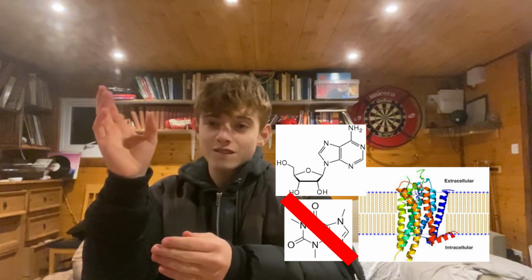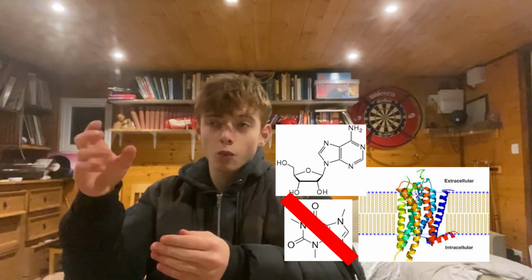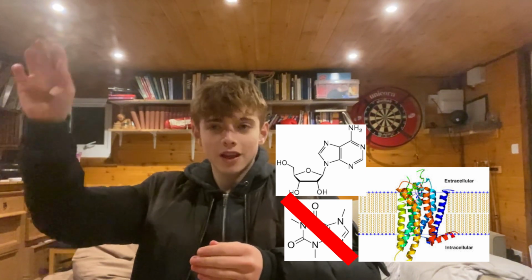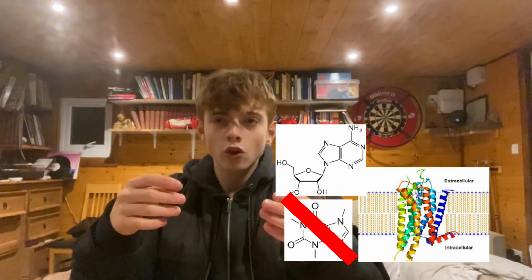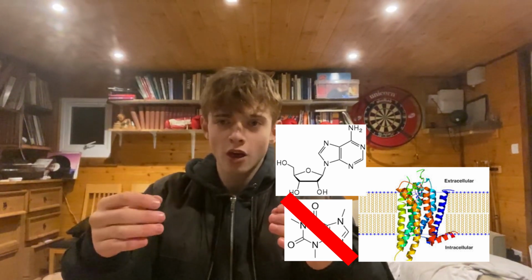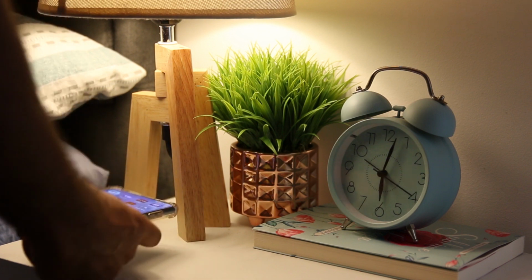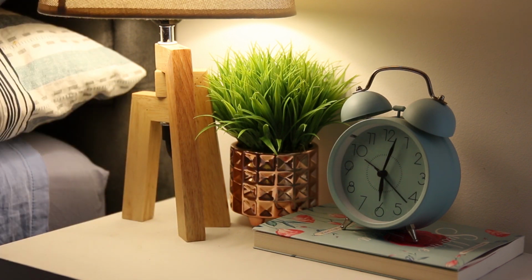So it won't physically affect the receptor, which is a protein, enough to mean that the chemical signals get passed down. So even though it fits into the receptor, there is a reason why it doesn't set off all the things that mean your cell starts to wind down and become a bit more sleepy and tired.